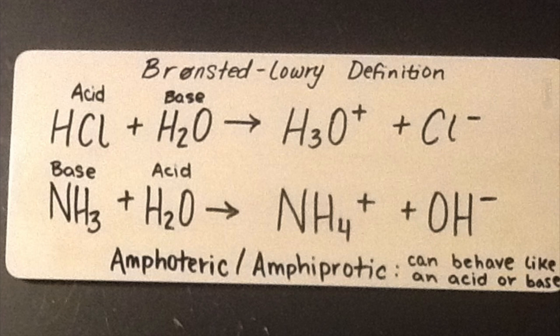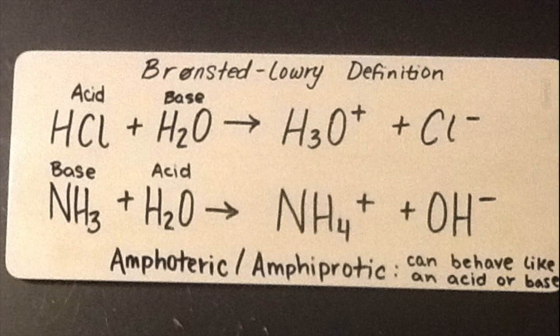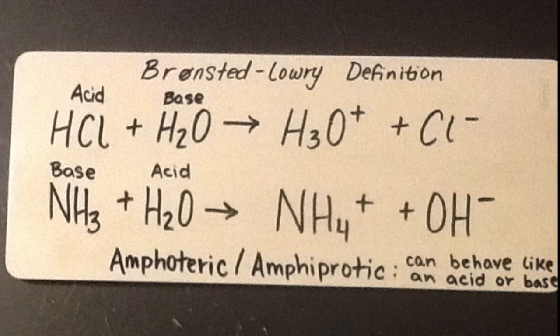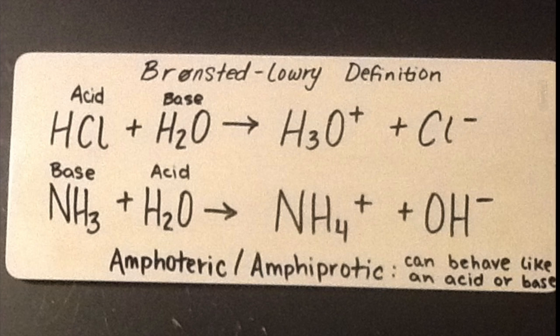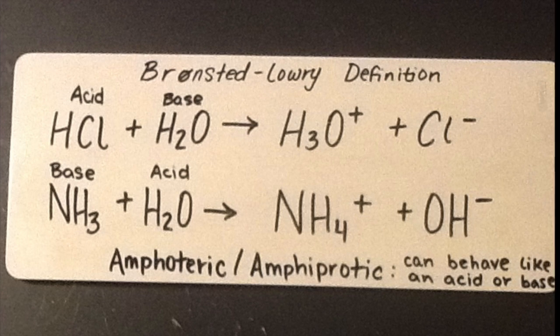What you should notice when you compare these two reactions, the first one we did with HCl in water and the second one with NH3 in water, is that both of them are just aqueous solutions that happen to react differently with water.